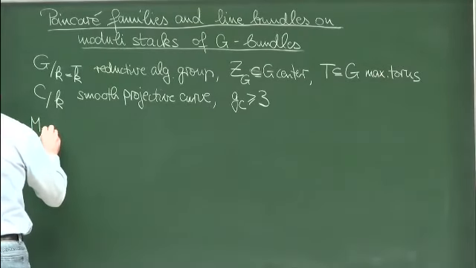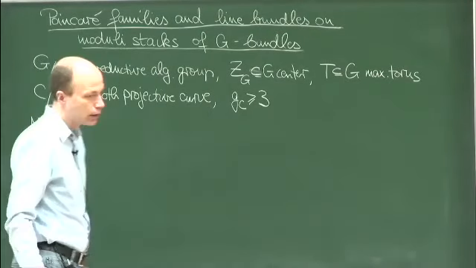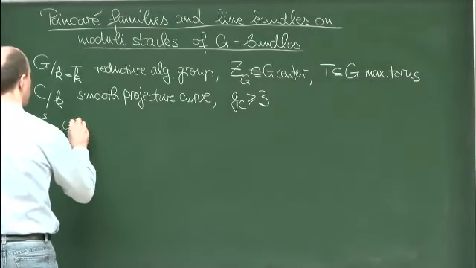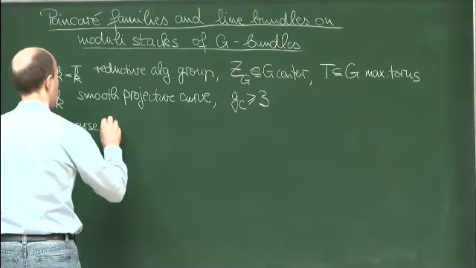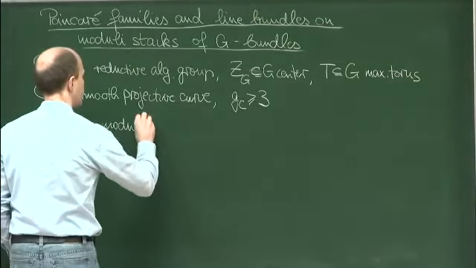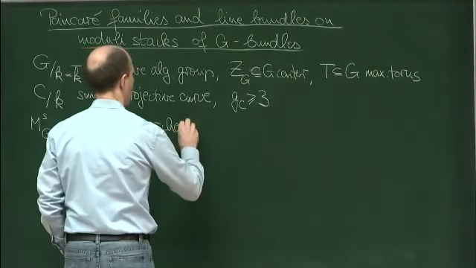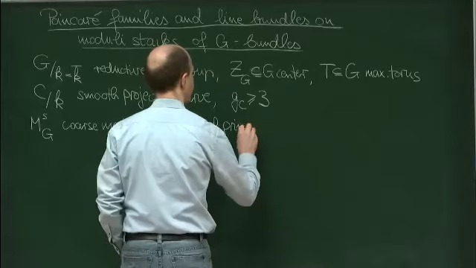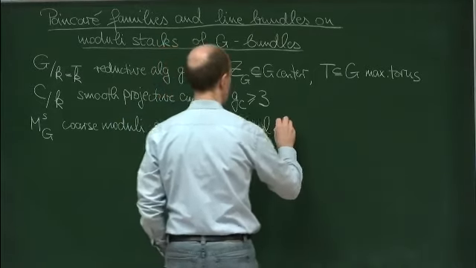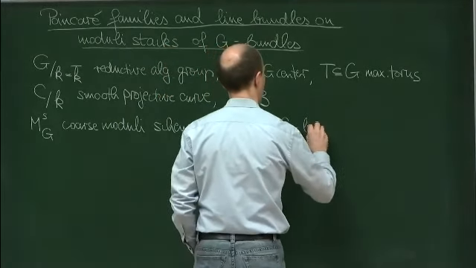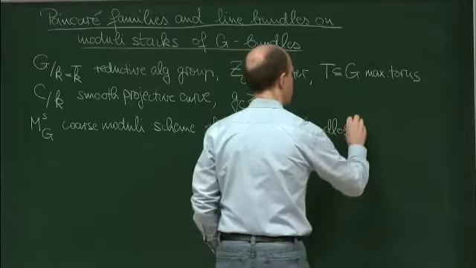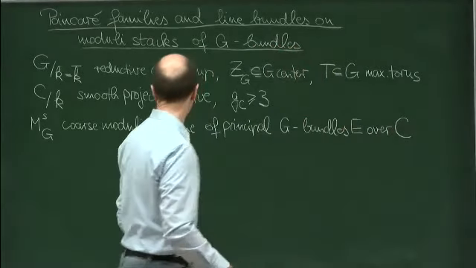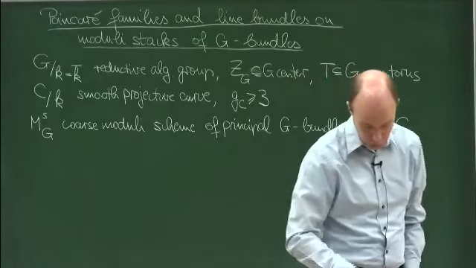So let me denote by M_G^S the coarse moduli scheme of principal G bundles E, algebraic principal G bundles E over this curve C. So that is the main object to begin with.